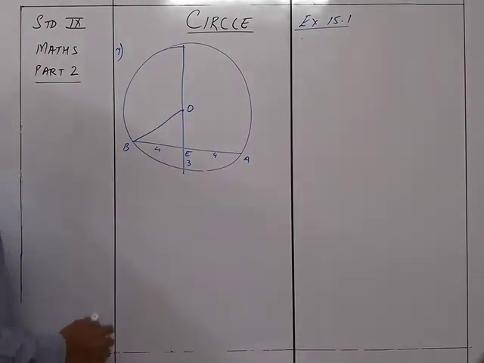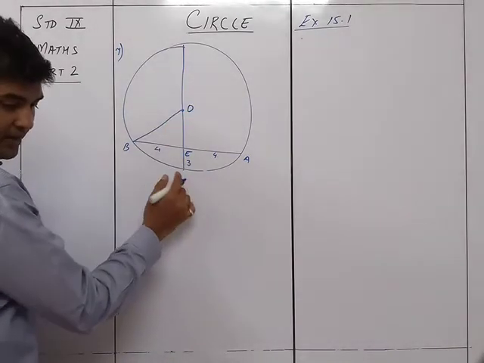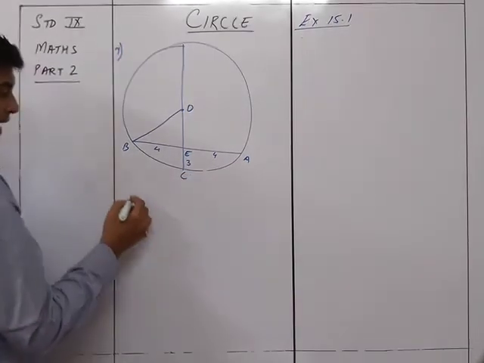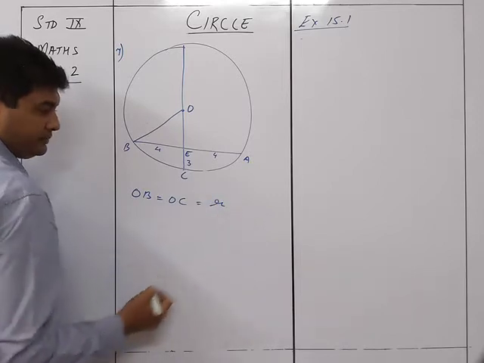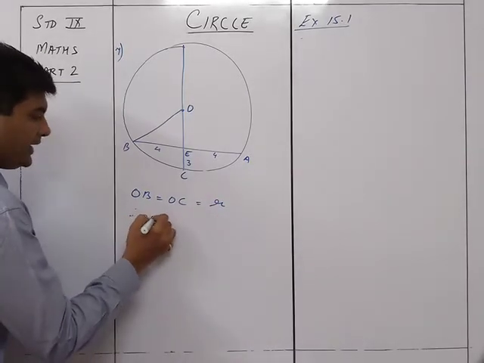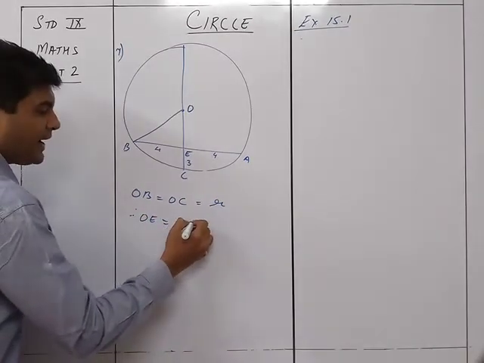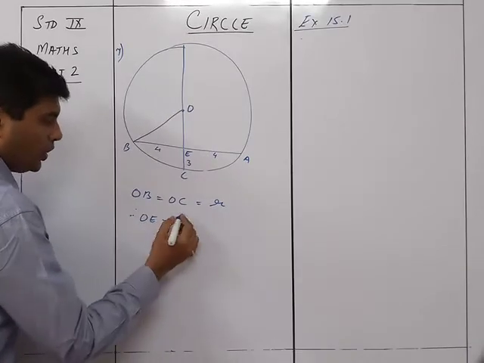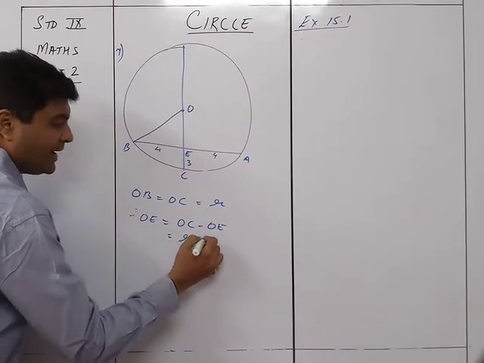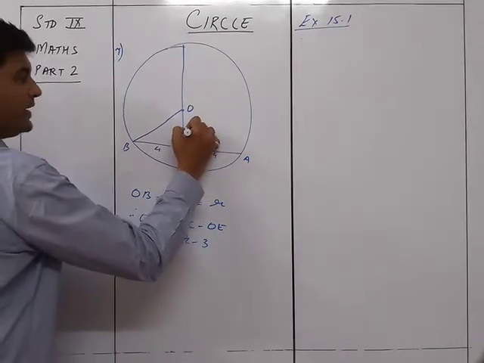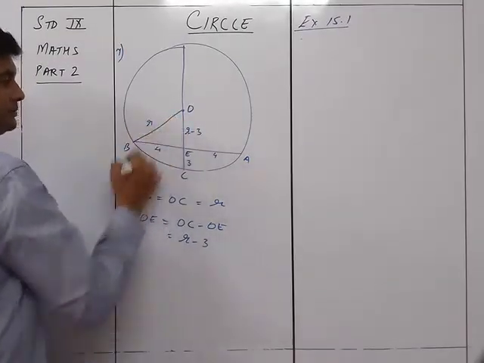Now over here if I join this, this is C, I know that OB is equal to OC is equal to R. Therefore, OE is equal to R minus 3 because it is nothing but OC minus CE, which is R minus 3. So this over here is R minus 3 and this is R.